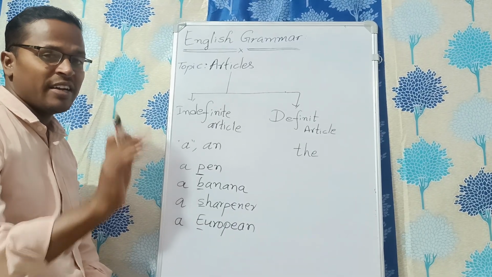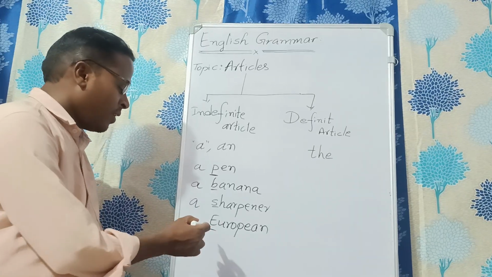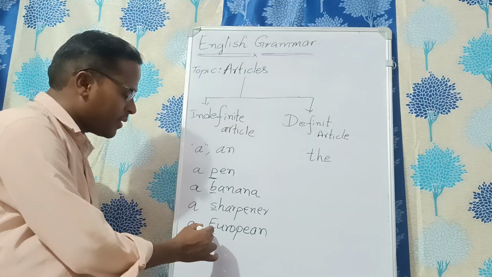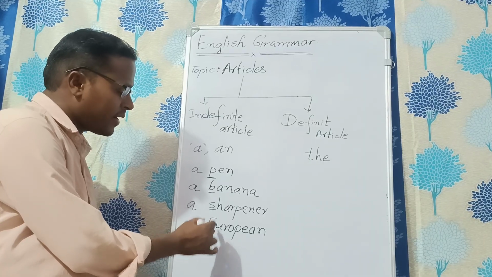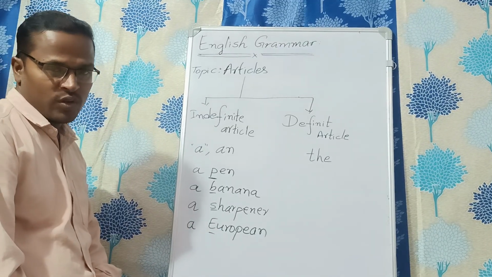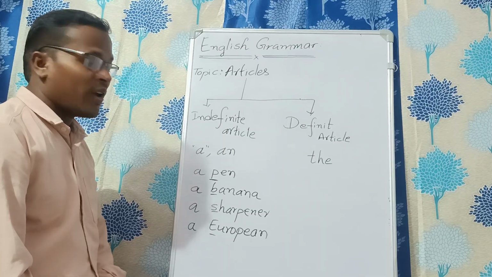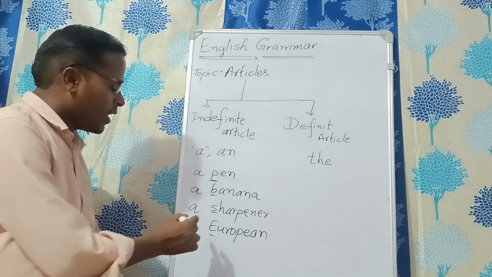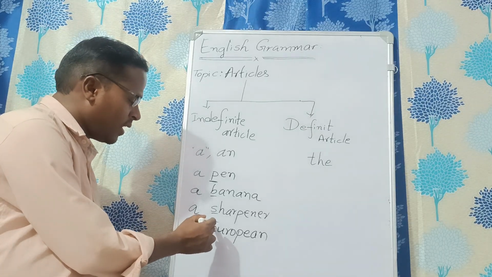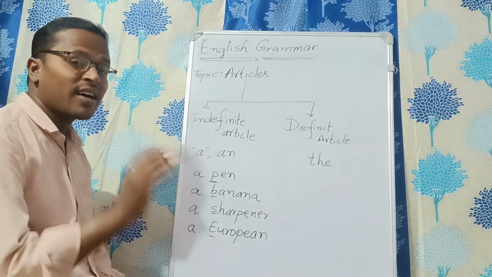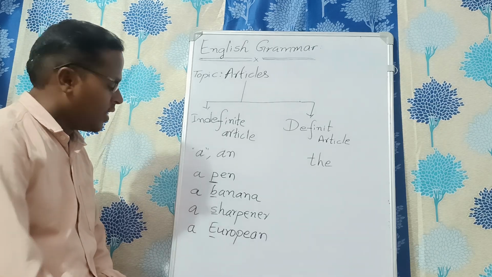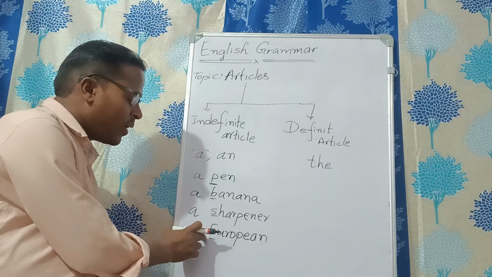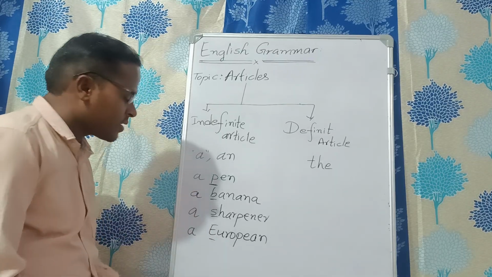European is a singular common noun beginning with a consonant sound. I am not saying consonant letters, I am saying sounds. E is a vowel letter but here a consonant sound. Again I repeat, E is a vowel letter but a consonant sound.